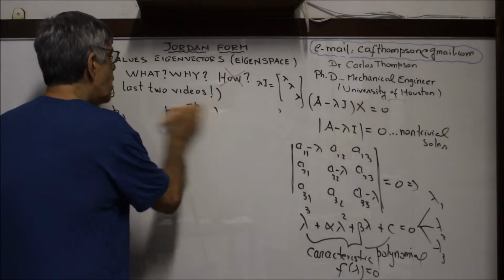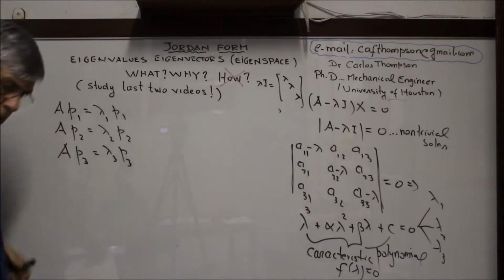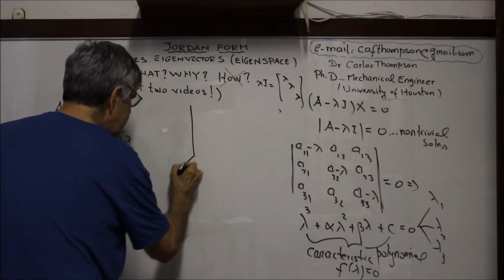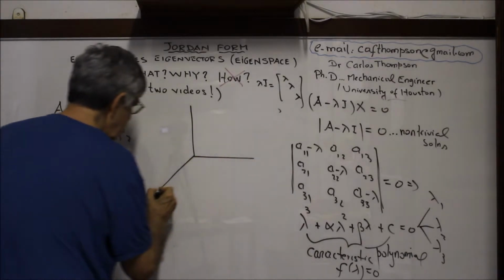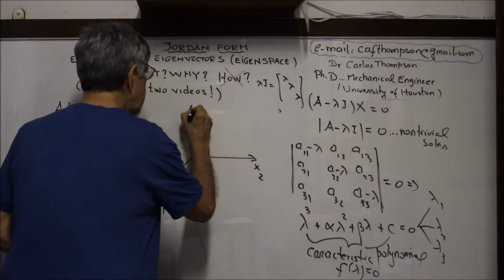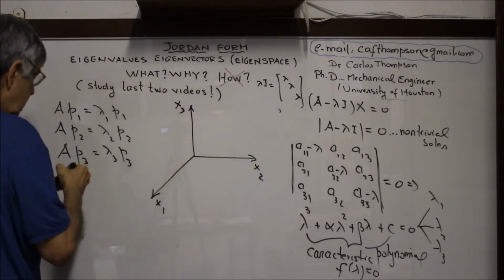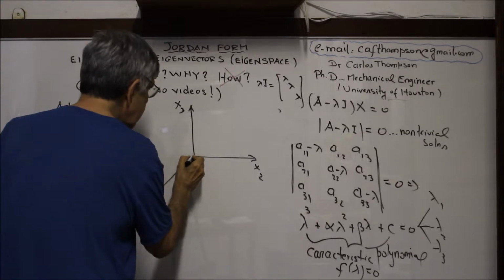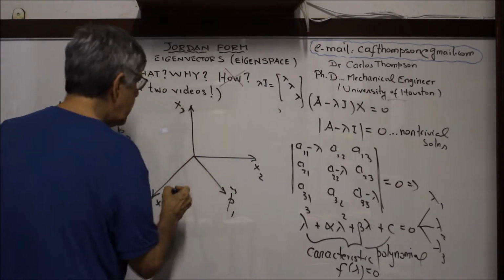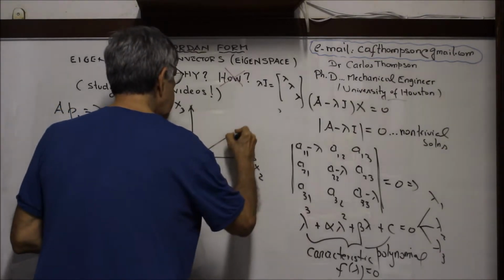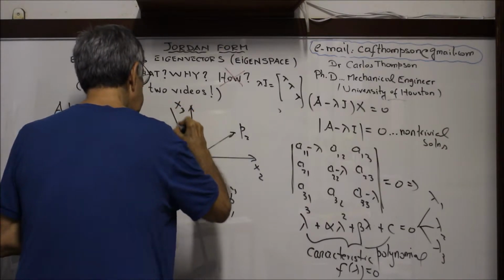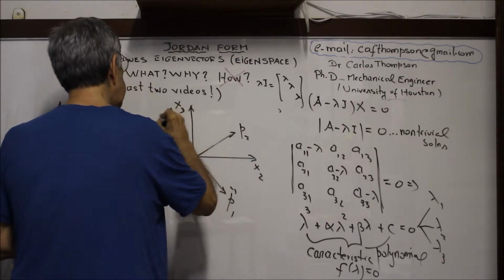Now, I'll draw this possibility. Look how very interesting it is. Here I have x1, x2, and x3. Now I have, suppose, my P1 here, here I have my P2, and here I have my P3.